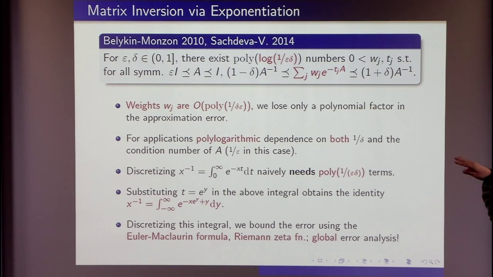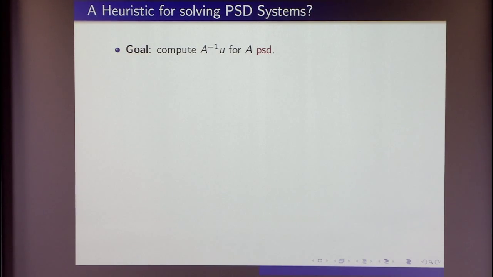But one point to note is that this does not require your matrix to be SDD. This works for any positive definite matrix. And hence it suggests the following heuristic solver for positive definite matrices.